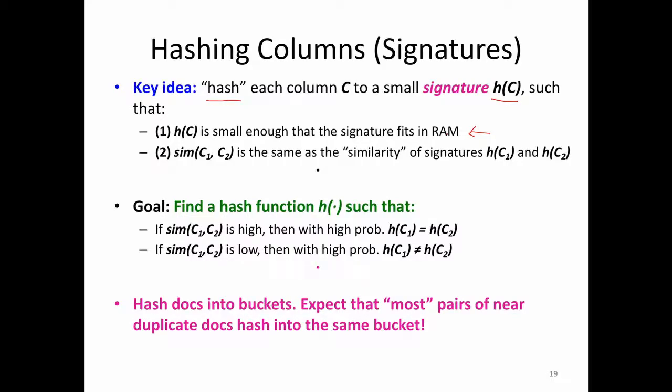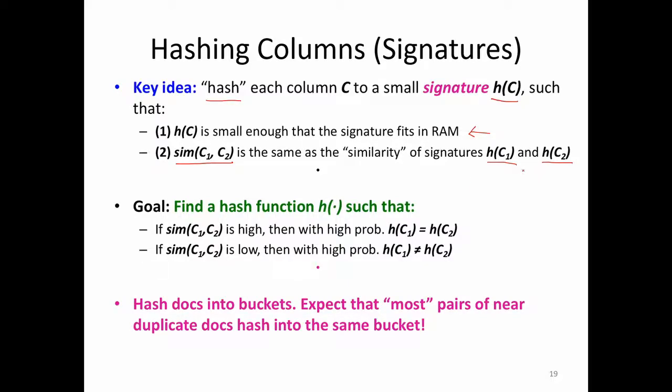Such that the similarity sim between c1 and c2, the original high dimensional vectors, can be computed using the signatures h of c1 and h of c2. So how does this work?